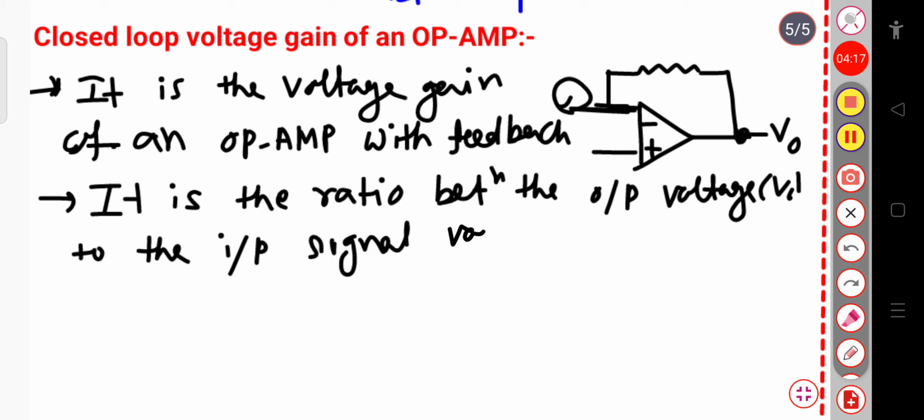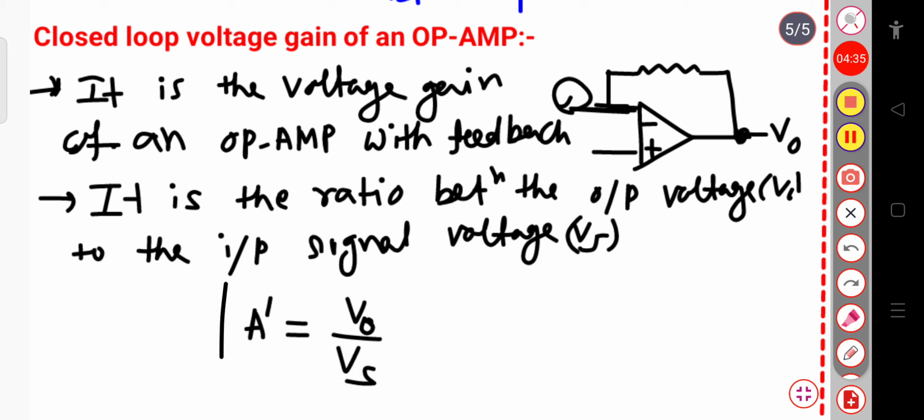This input signal voltage is denoted as VS. So we can write the voltage gain A prime, for the closed loop, equal to VO divided by VS.